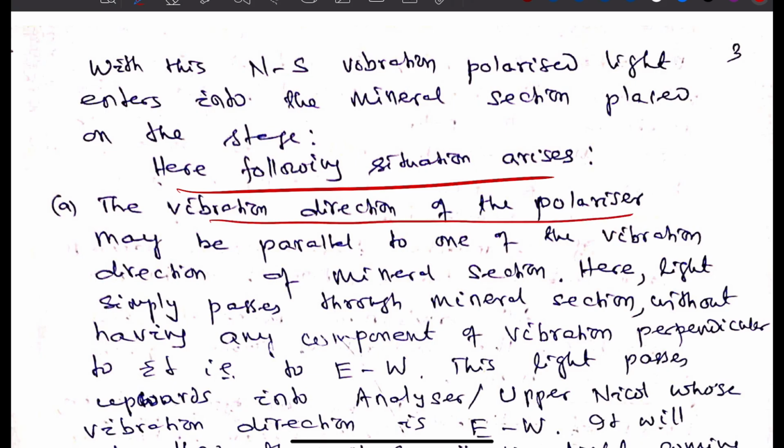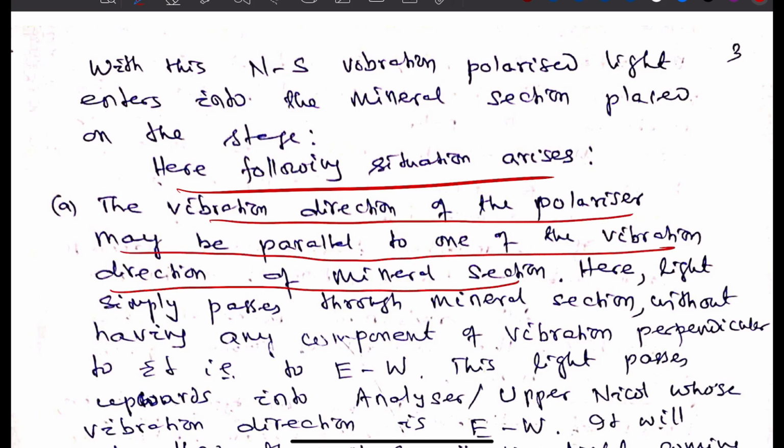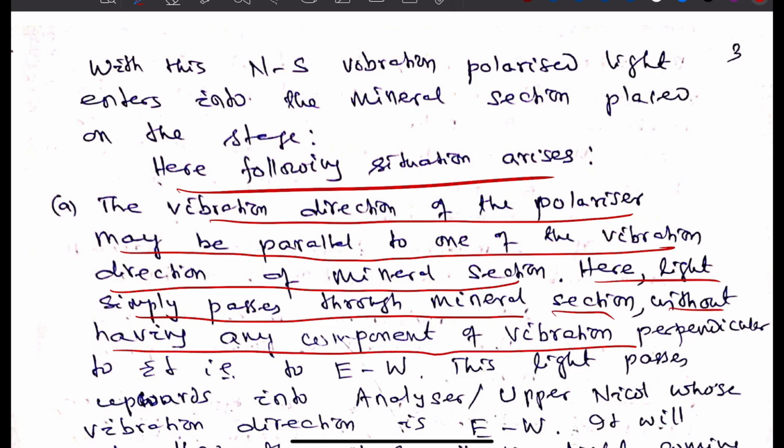The vibration direction of the polarizer may be parallel to one of the vibration directions of the mineral section. So here the light simply passes through the mineral section without having any component vibrating perpendicular to it. Let us say it is east-west, because light coming from the polarizer is vibrating north-south.